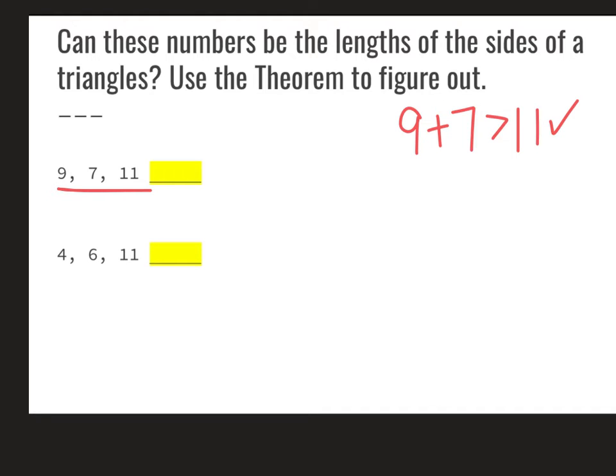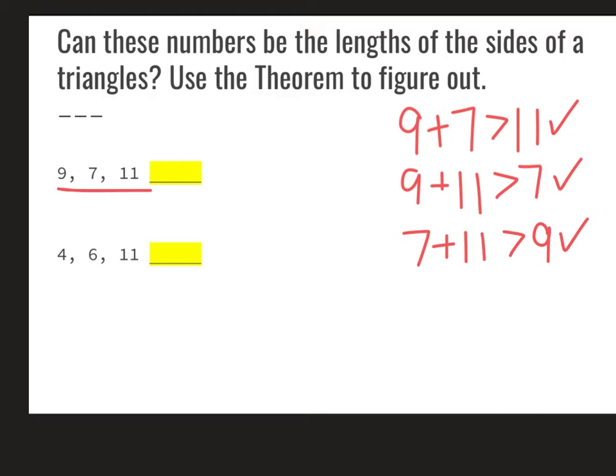Next, let's figure out if 9 plus 11 is greater than 7. Well, 9 plus 11 is 18. 18 is greater than 7, so we are good. And then last but not least, 7 plus 11 has to be greater than 9. 7 plus 11 is 18, and 18 is greater than 9.